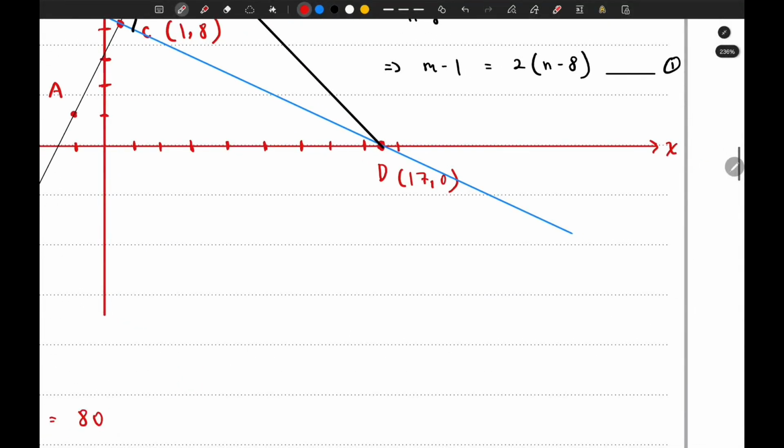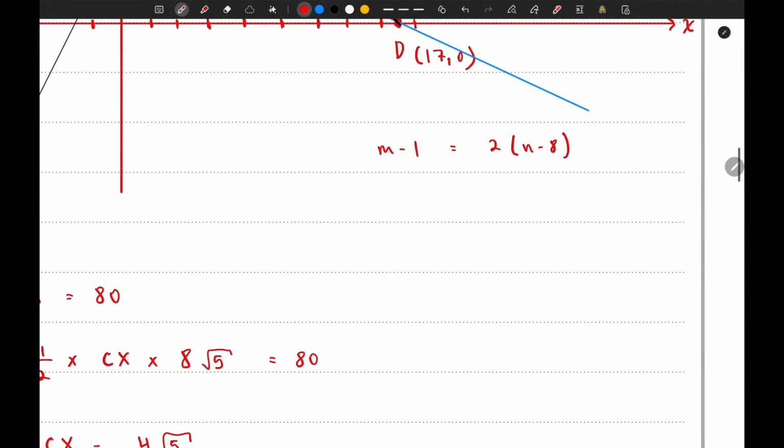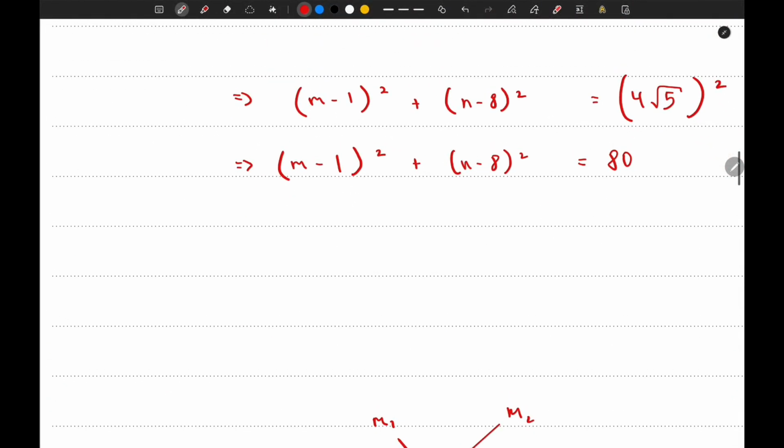There is a much simpler way to solve these equations than just replacing m or replacing n. We know that the value of m minus 1 is equal to 2 times n minus 8. We need the value of m minus 1 whole square. So if we square this whole thing, we get 4 times n minus 8 whole square. This is the value of m minus 1 whole square, which means that I can replace m minus 1 whole square with 4 times n minus 8 whole square.